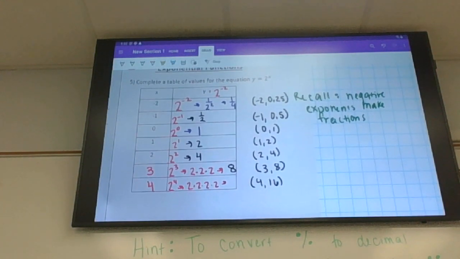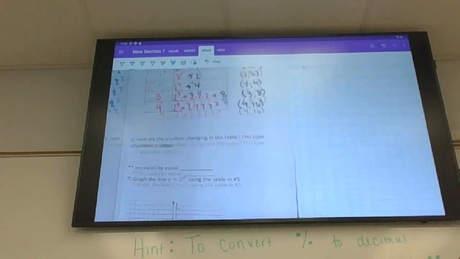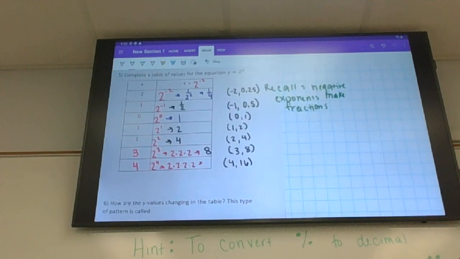Moving on. All right, how are the y values changing? It's hard when you look at the decimal. Do you have the pattern? How does 1 become 2, 2 become 4, 4 become 8, and 8 become 16?